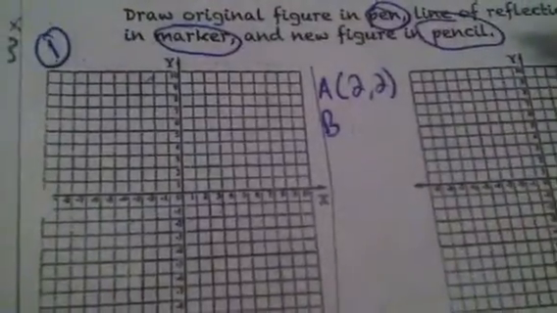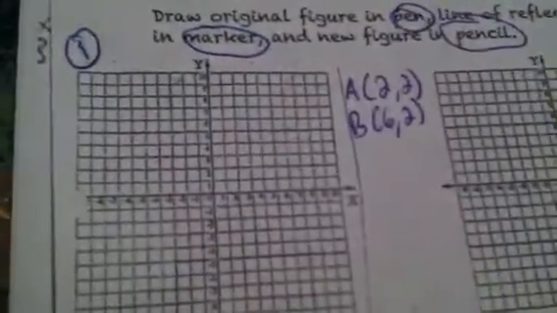All right. For number 1, this is going to be the first one we're going to do today. I need you to create a triangle with point A at coordinates (2, 2), point B at coordinates (6, 2), and point C at coordinates (4, 7).